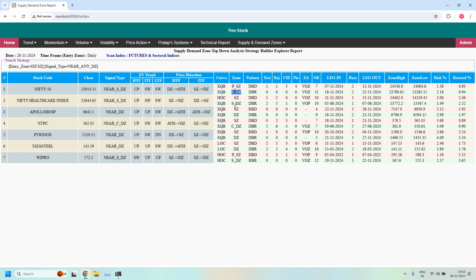This is healthcare index, not listed in F&O. NTPC is having a high liquidity daily demand zone. Wipro is having a high liquidity daily demand zone. We have identified 3 high liquidity daily demand zones from this list.